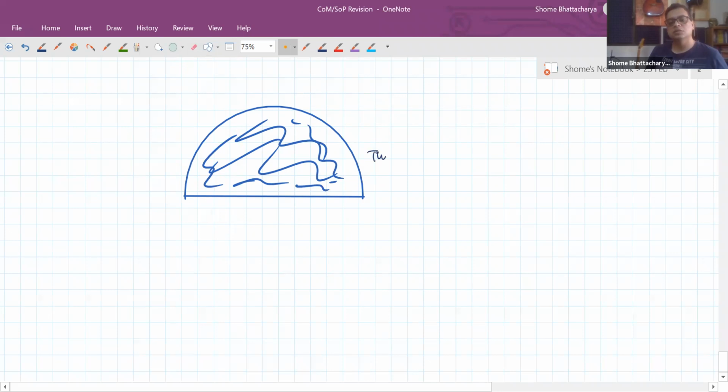So this is a thin uniform semi-disk of mass m, radius r.